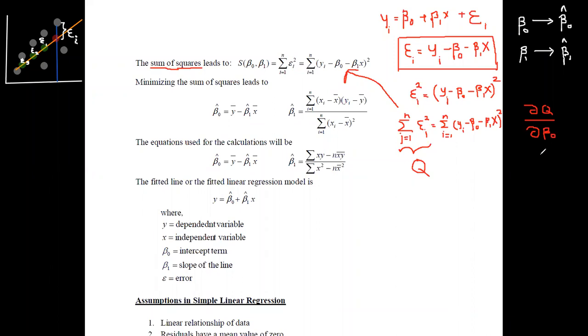By setting this equal to 0, we can obtain the estimate for beta naught, which is generally denoted using beta naught hat. And for the partial derivative of Q with respect to beta 1, we equate this to 0, and this leads to the estimate for beta 1.